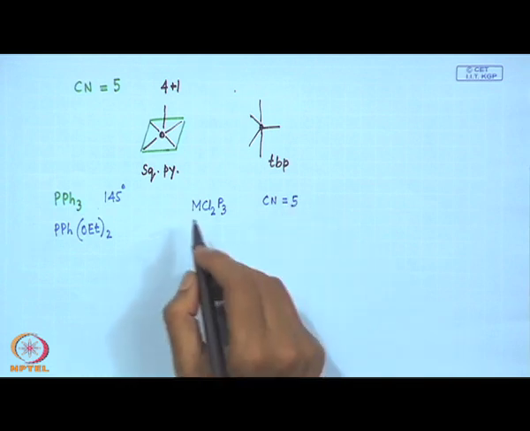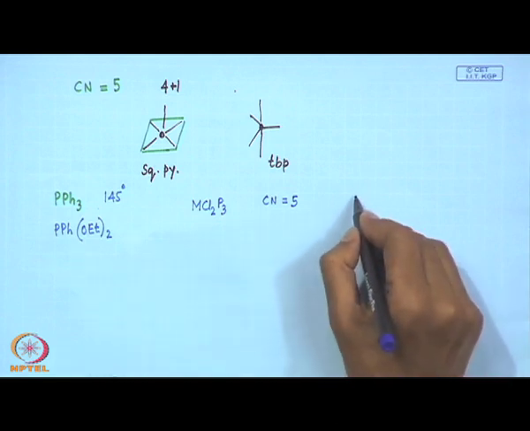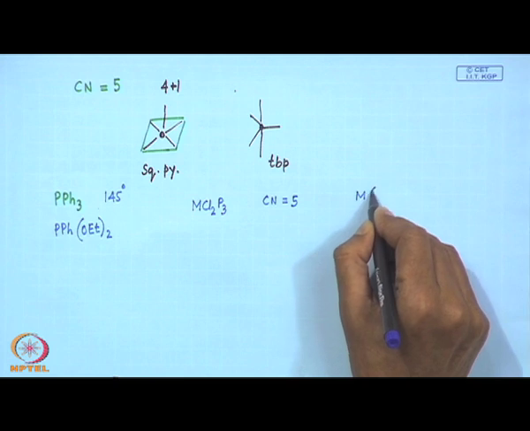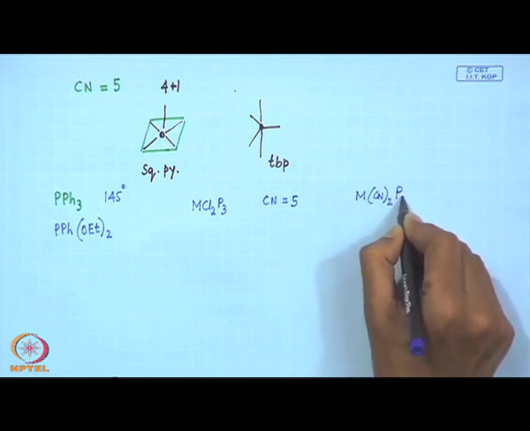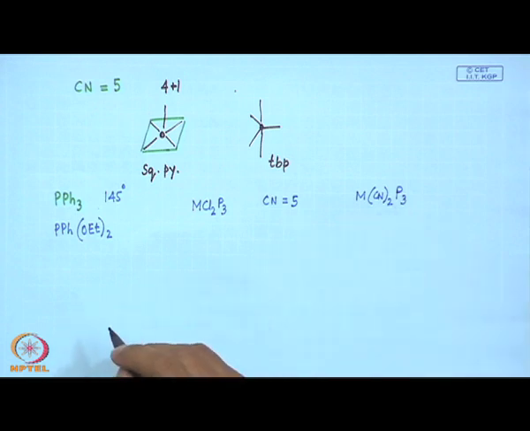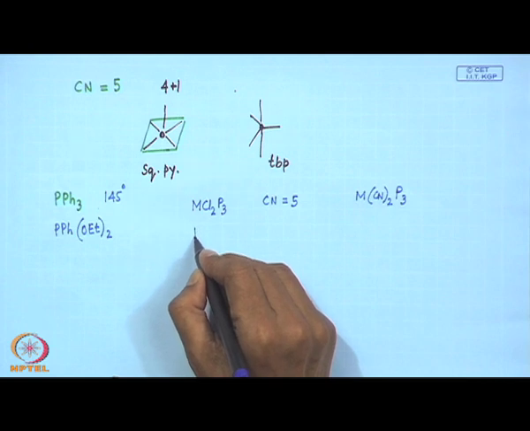So, most of these types, we can have this or MCN2P3, which is the present example where M is nickel.